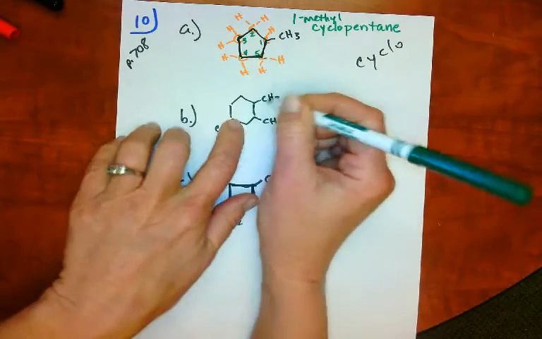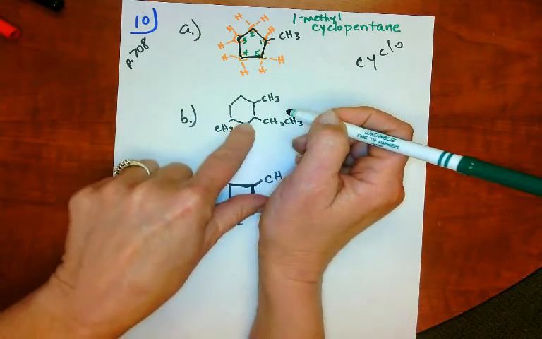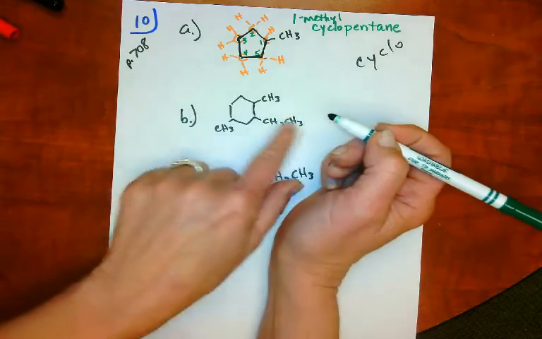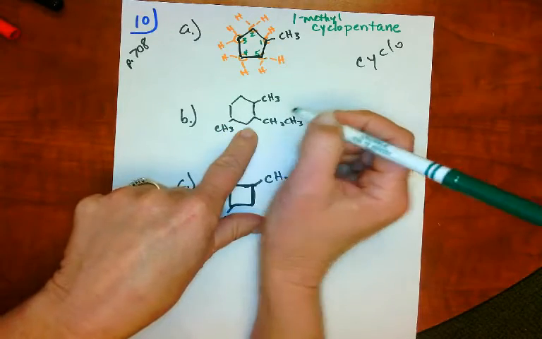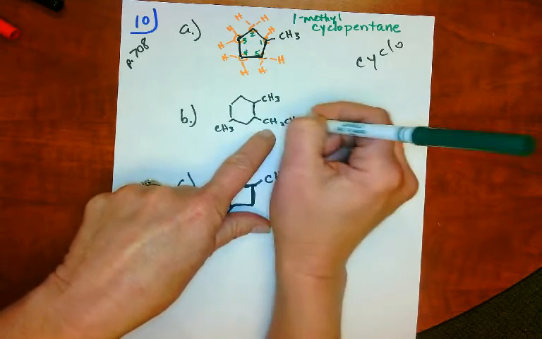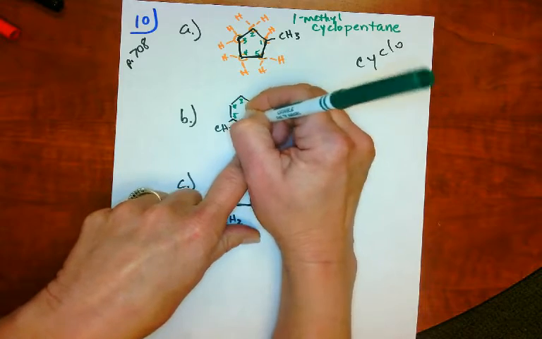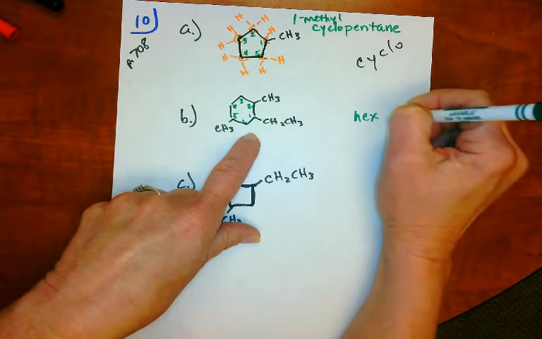Here, I'm going to count all the carbons around, because a closed shape, the cyclo, overrides any other chains hanging out here, okay? So always start with the cyclo. The biggest chain is right here, the ethyl one. So 1, 2, 3, 4, 5, 6. This is hexane.